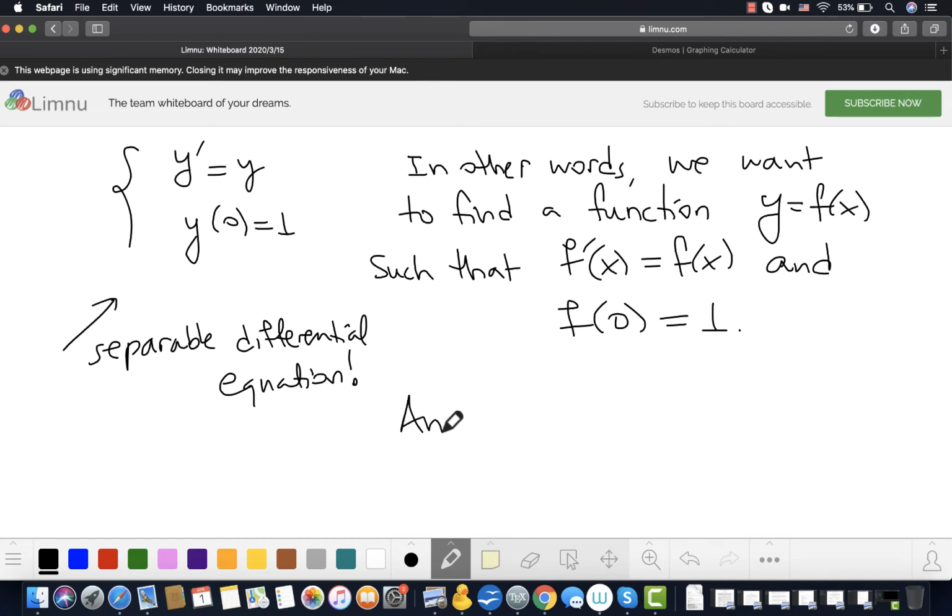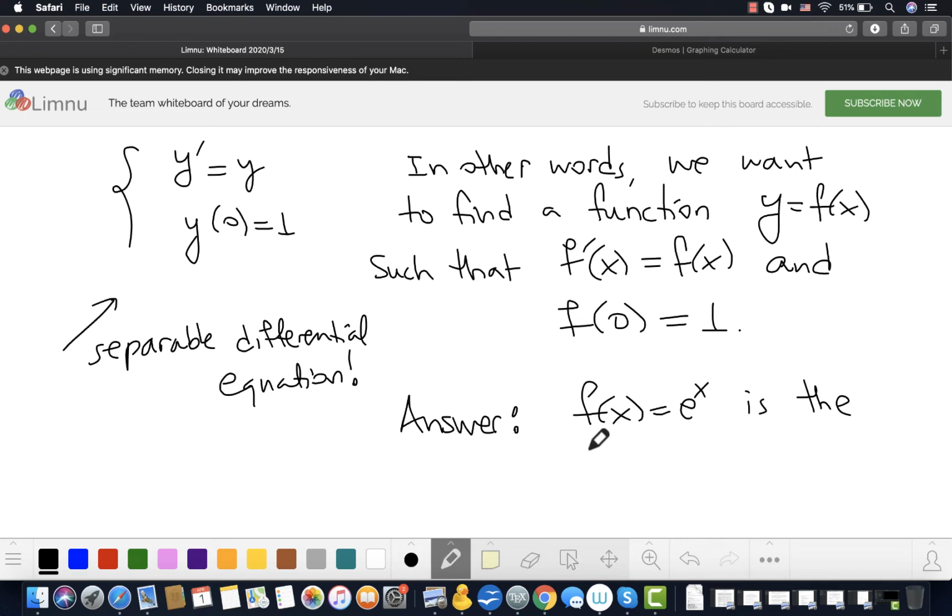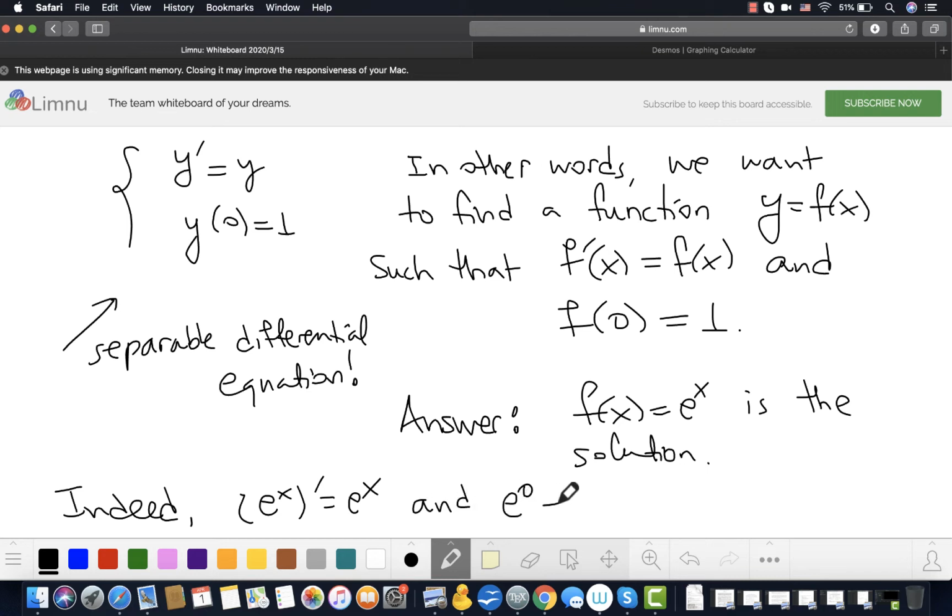It turns out there's only one function, and it's e to the x. So f of x equals e to the x is the solution to this differential equation. And indeed, the derivative of e to the x is e to the x, and the value of e to the x at 0 is 1.